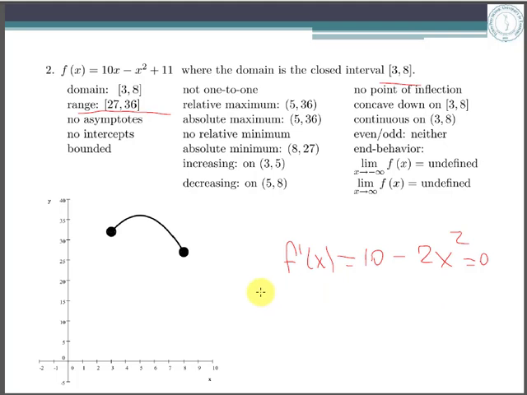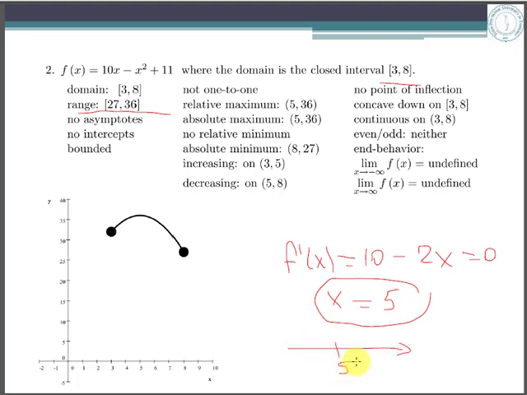It is just 2x, so x is 5. Now let's put it on the real line.